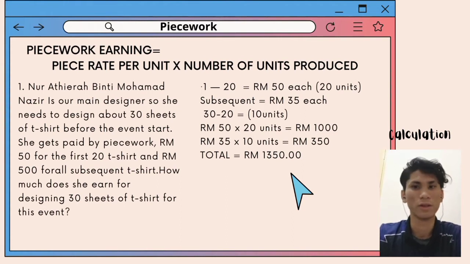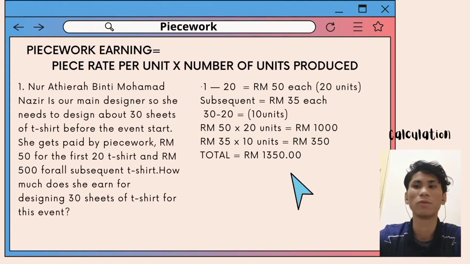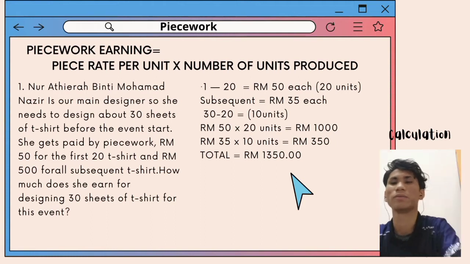How much does she earn for designing 30 t-shirts for the event? For the first 20 units, RM50 times 20 units equals RM1,000. RM35 times 10 units equals RM350. Total is RM1,350.